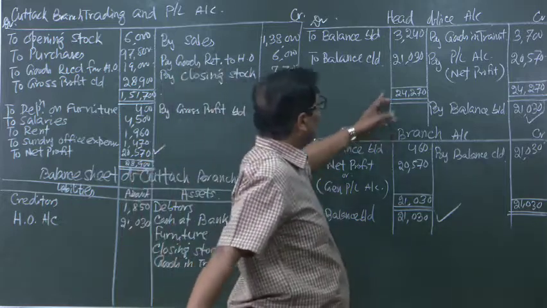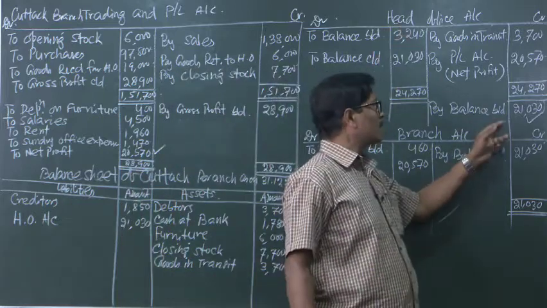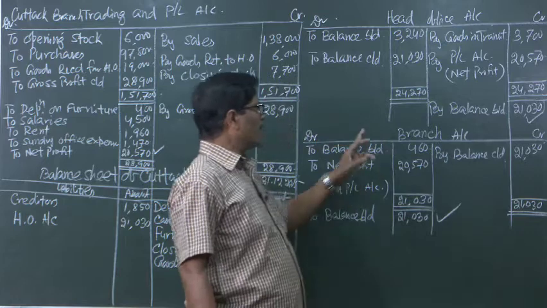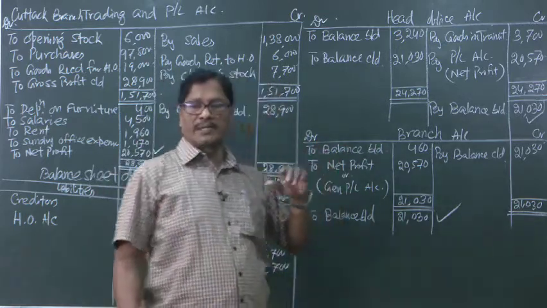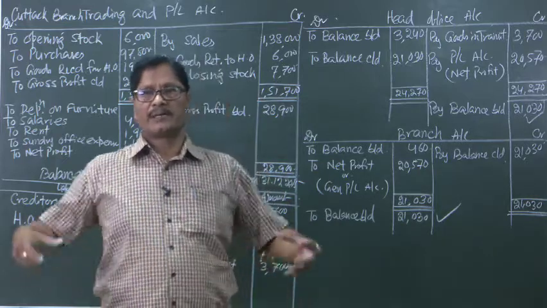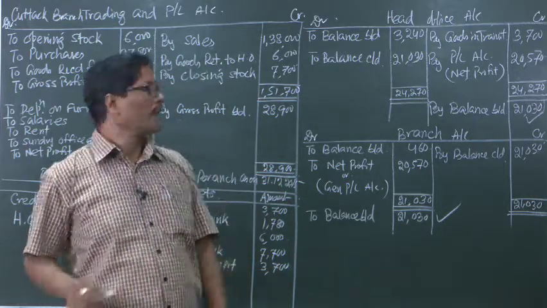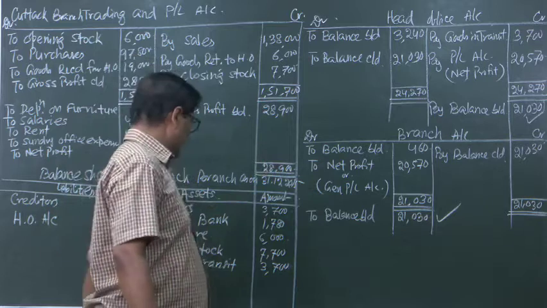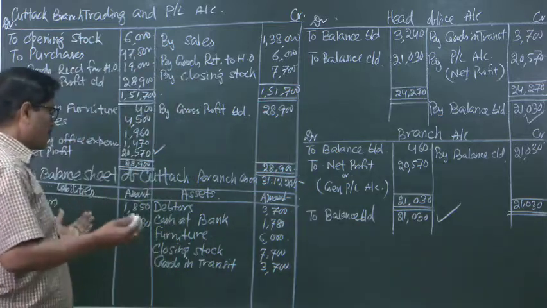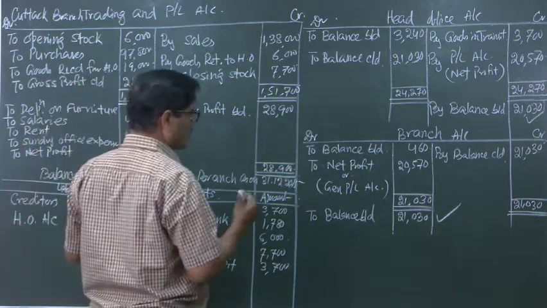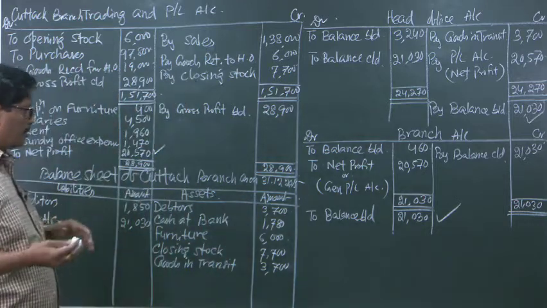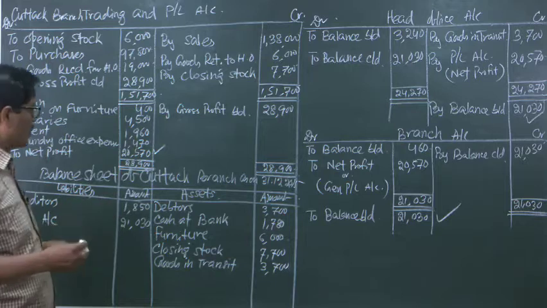Here you can see head office account is showing a credit balance of 21,030 and branch account is showing a debit balance of 21,030. That means our problem is correct. The reconciliation has already been made and these two balances agree. Now, there is no work excepting totaling the balance sheet. If the balance sheet total is tallying, then we can be assured that our problem is correct.